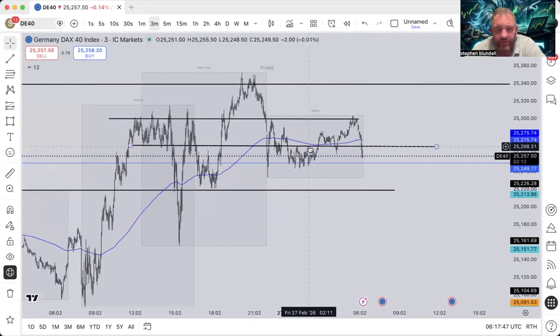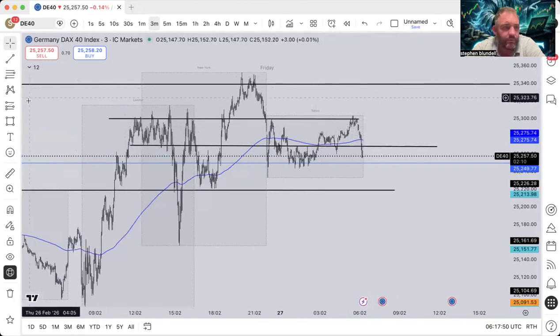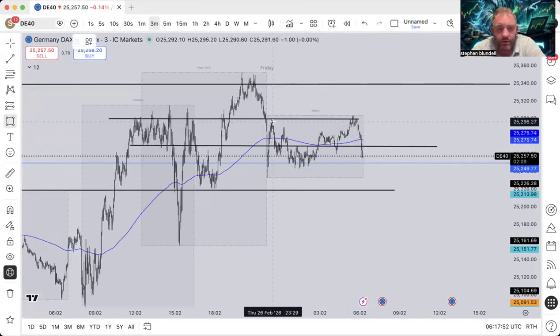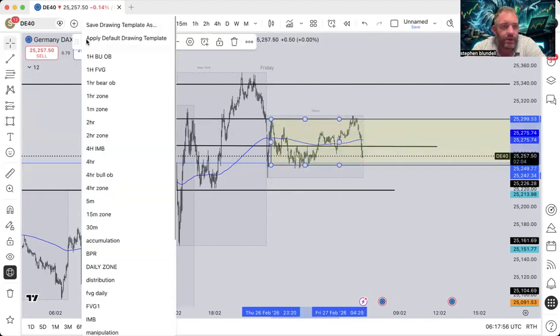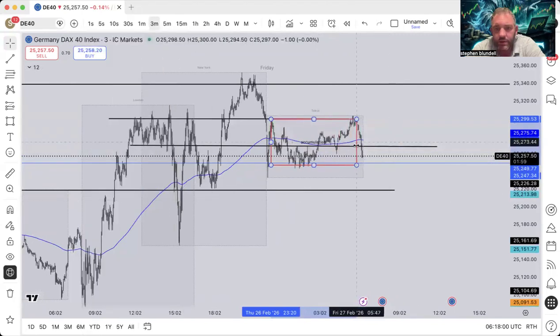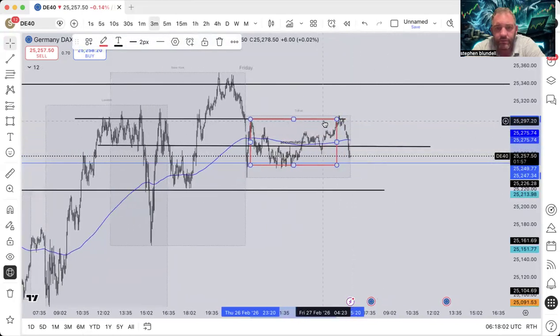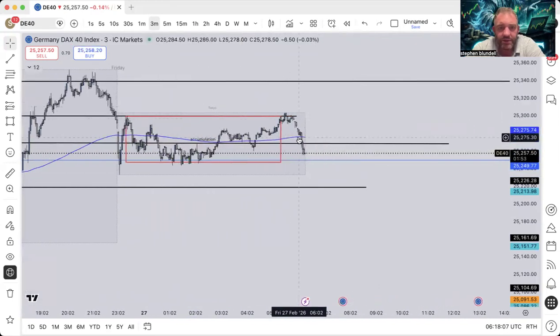But again, we've got this here could be accumulation. This here. So we might have manipulated here, to be honest, and this could be distributing.